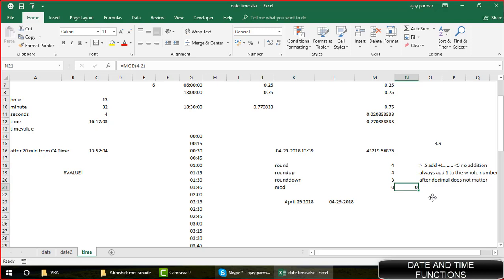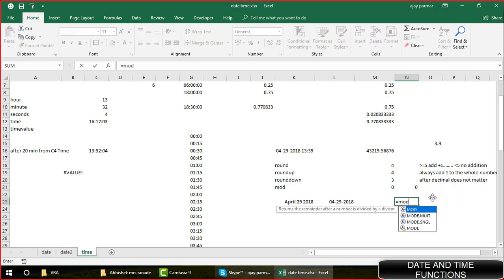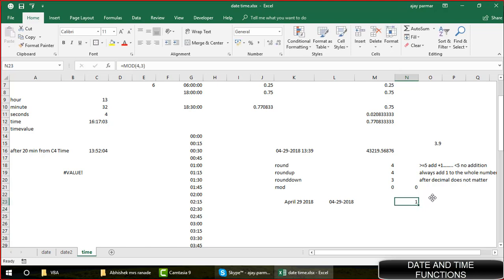So if I say mod 4 by 3, what will be the answer? 1, because the remainder is 1. It is a remainder, remember, not a quotient. When you divide 4 by 3, 3 ones are 3, and in the remainder 4 minus 3 is 1.